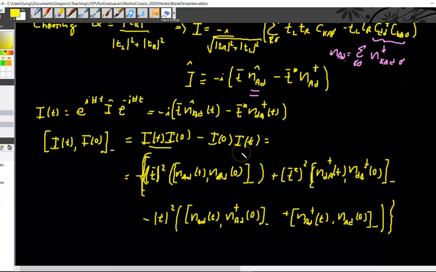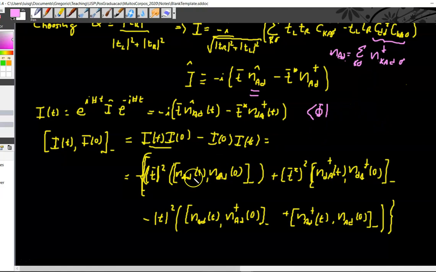So let's view this. When I calculate the expected value, I should be always calculating something like that, right? So it's a sum over expected values for the operator inside.